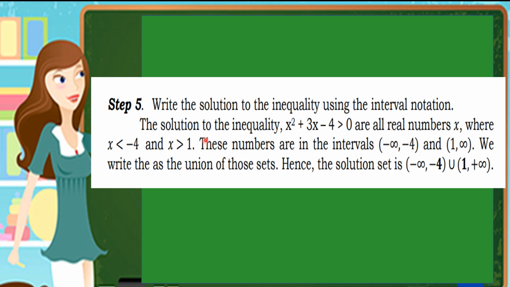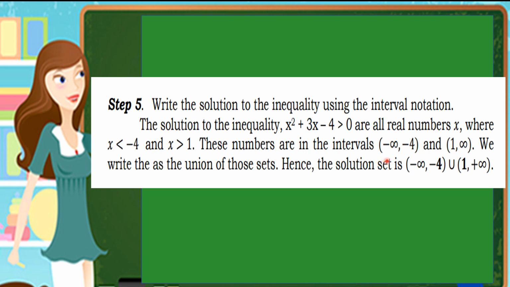So, the solution of the inequality x squared plus 3x minus 4 greater than 0 are all real numbers x, where x is less than negative 4 and x is greater than 1. So, these numbers are the intervals.